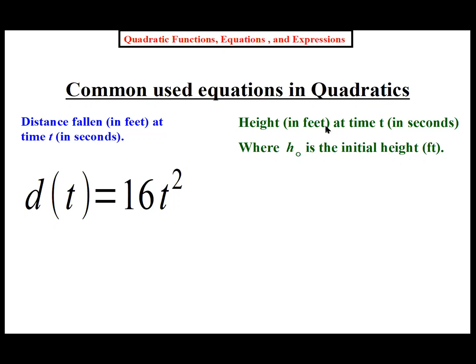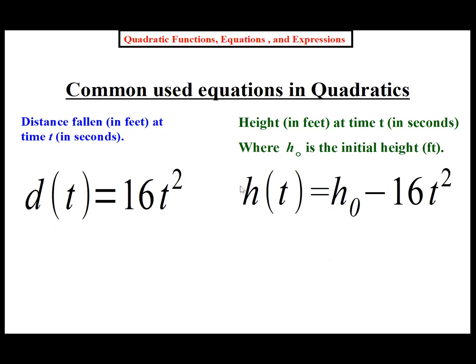The height in feet is usually something they want us to compute, and they give us an initial height, but we still deal with seconds. That equation reads h of t equals h sub 0, with a little 0 underneath the h, minus 16t squared. Those are the 2 most common equations used to solve real world applications for quadratics.